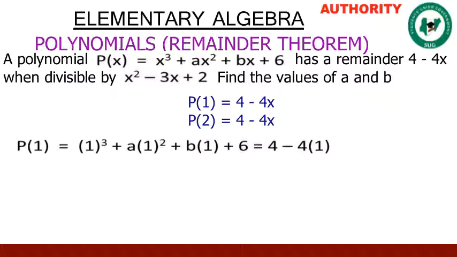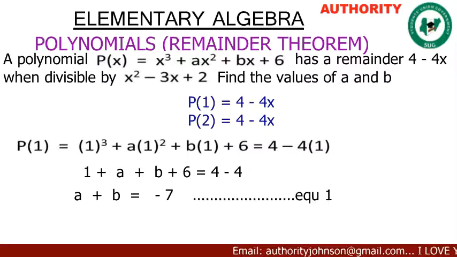Let's go. We're going to have p of 1 is equal to 1 cubed plus a in bracket 1 raised to power 2 plus b, open bracket 1, plus 6 is equal to our remainder 4 minus 4, open bracket 1. 1 raised to power 3 will give you 1, plus 1 raised to power 2 will give you 1. 1 times a will give you a.